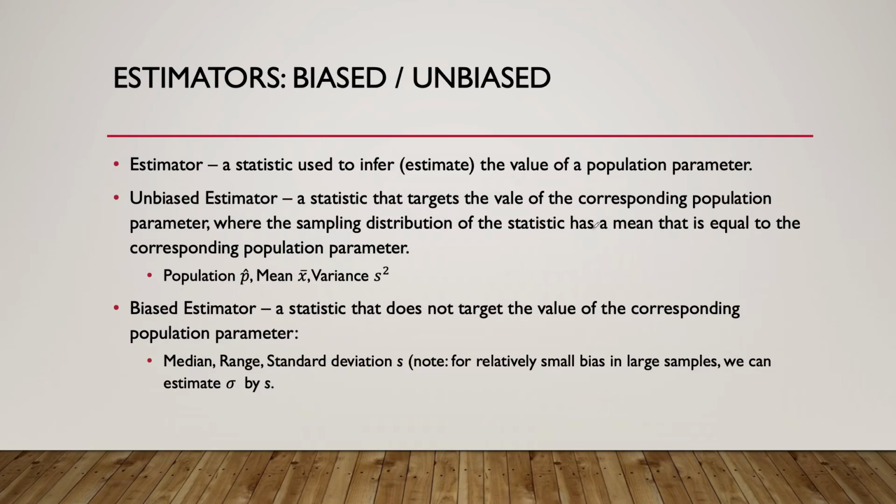A biased estimator is a statistic that does not target the value of the corresponding population parameter, such as the median, range, and standard deviation s. Although, for relatively small bias and large samples, we can estimate the population standard deviation by the sample standard deviation.